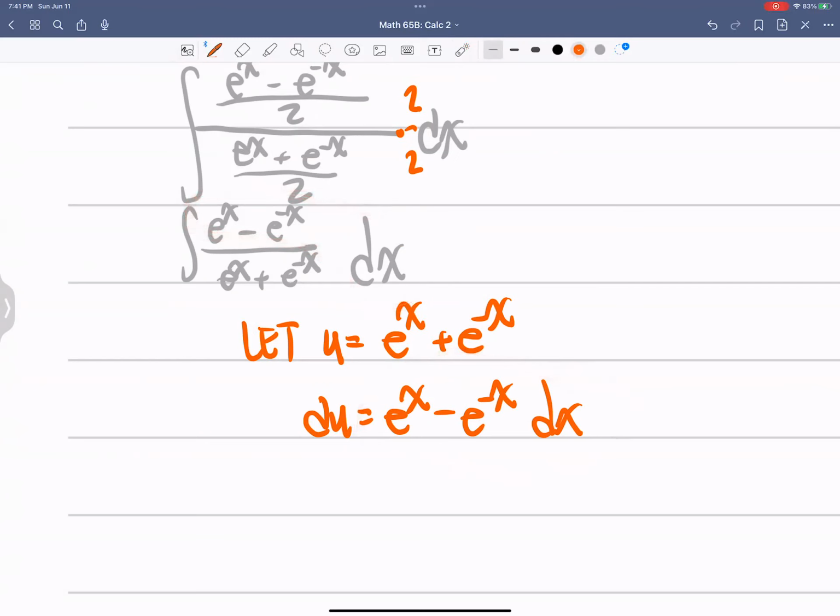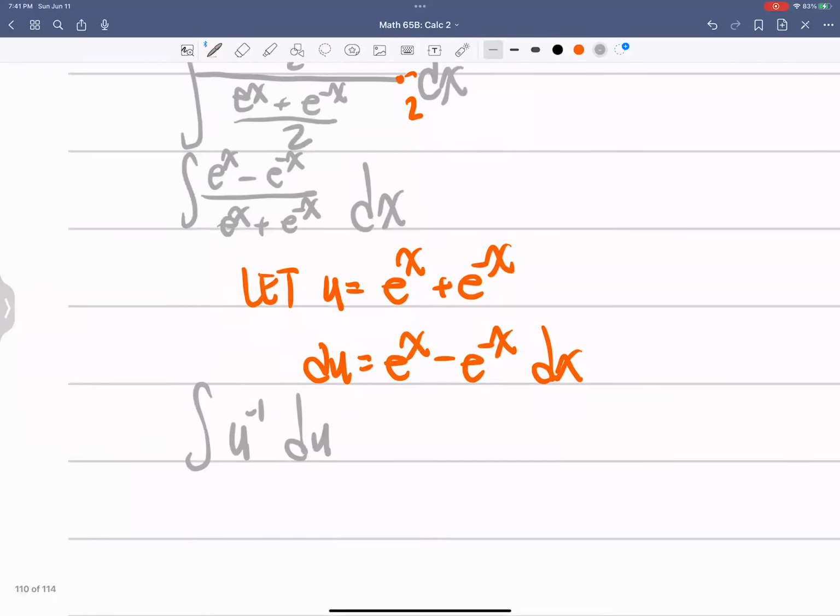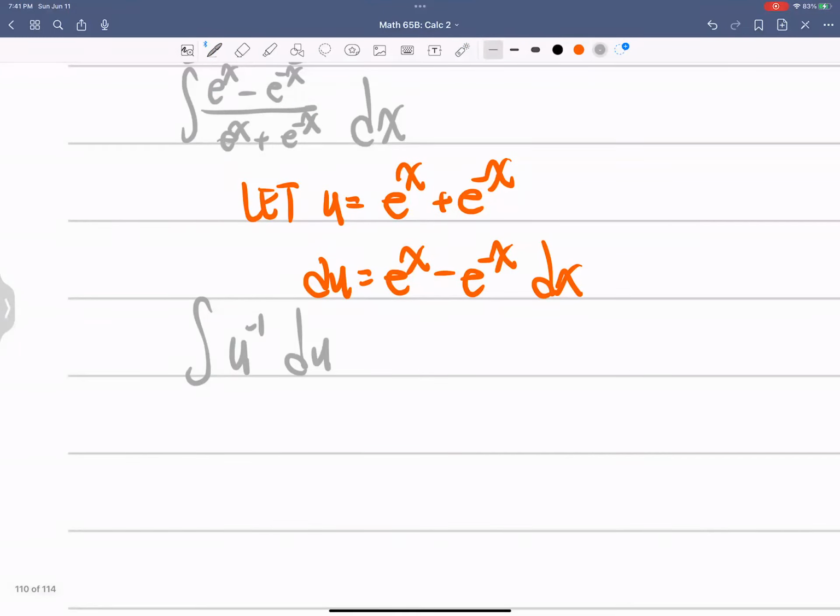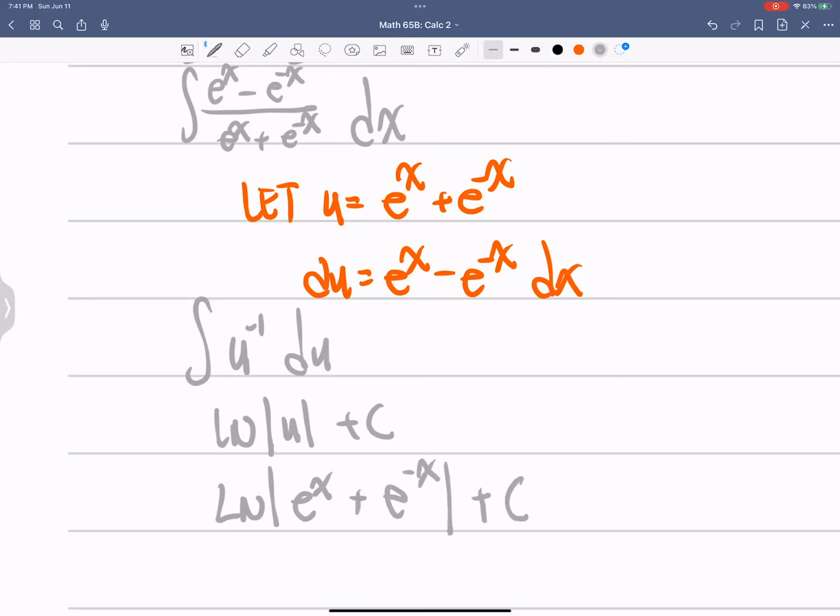Look at that. So we're integrating u to the negative 1 du, which is ln of u plus c. We weren't in terms of u, so let's get back in terms of x. ln of e to the x plus e to the negative x plus c.